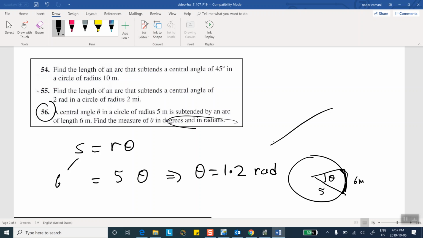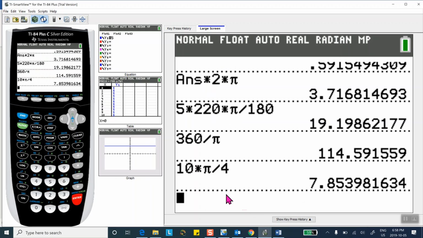Okay, it says both in radians and degrees. This is radians. So if you want to convert it into degrees, it's going to be 1.2 times 180 divided by pi. You put it in your calculator, and you get an approximate value. 1.2 times 180 divided by pi, and enter.